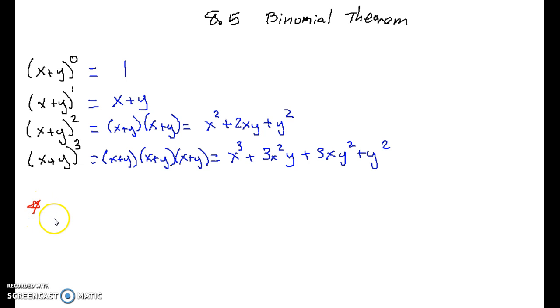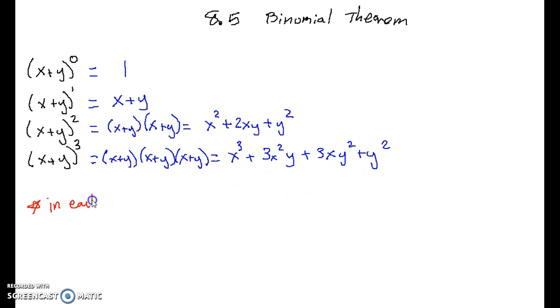All right, so the first thing that you should have noticed is that in each expression, you actually have one more term than your exponent. So notice that one more term from 1 would be 2. Notice you have 2 terms. 1 more than 2 is 3. Notice you have 3 terms. 1 more than 3, you have 4 terms. So we're going to write that down.